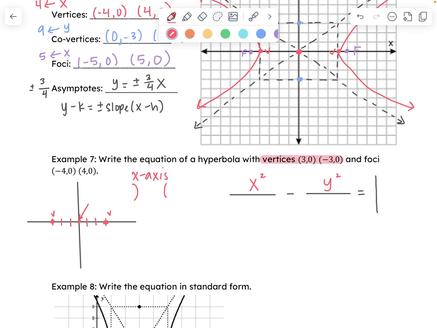Okay, I also know my vertices are 3 away. So underneath here is going to be a squared, and a is 3. So 3 squared is going to be 9. So underneath my x squared is 9. So that gives me almost all my equation just from the vertices.